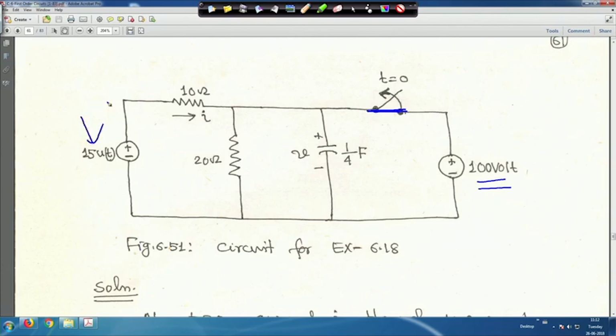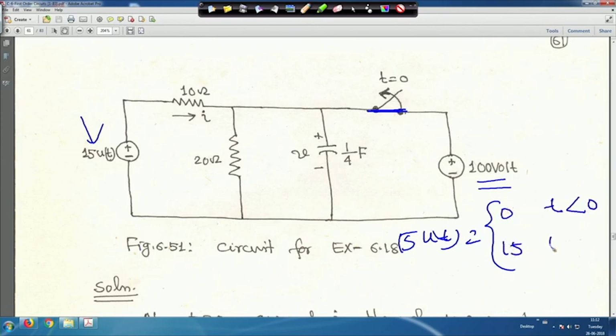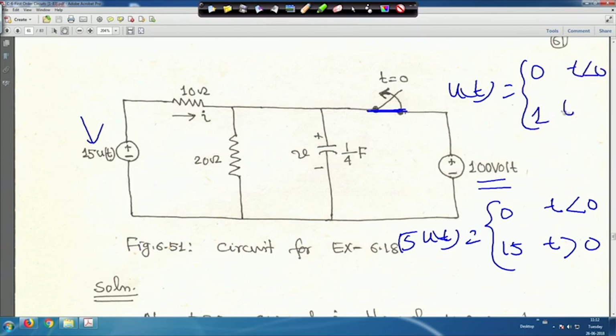In general, 15 u(t) is equal to 0 when t is less than 0 and equal to 15 when t is greater than 0. So u(t) is equal to 0 for t less than 0 and 1 for t greater than 0.